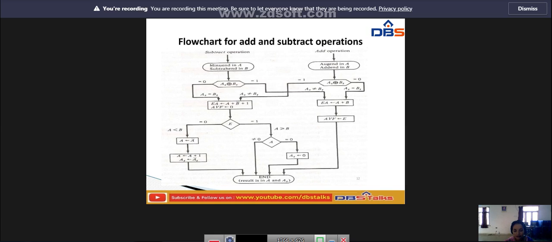If E indicates 0, A is less than B, so in this case it is necessary to take the 2's complement of the value A. The operation can be done with one micro operation, that is A's complement plus 1.